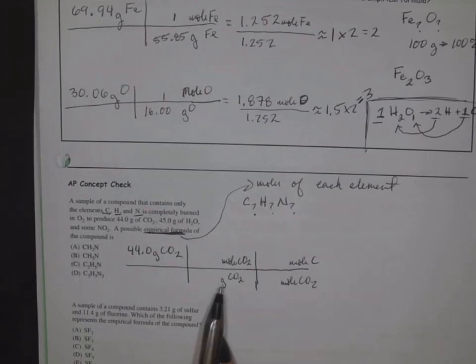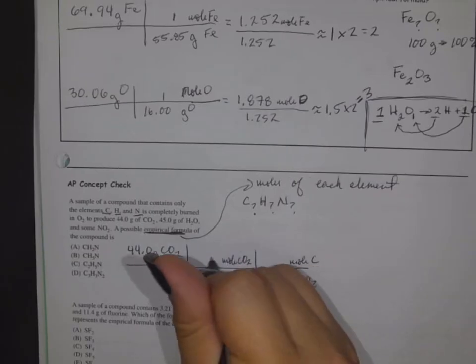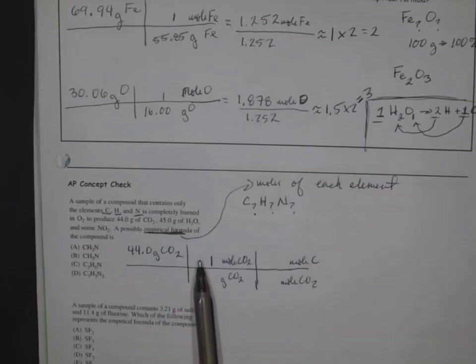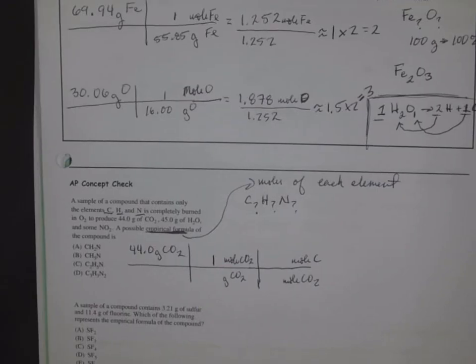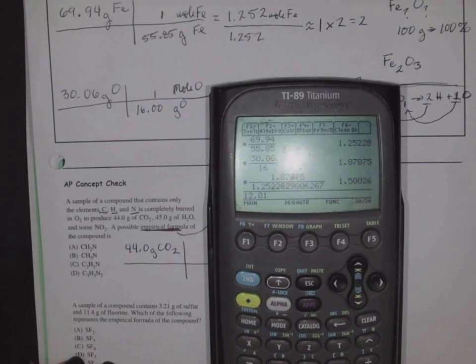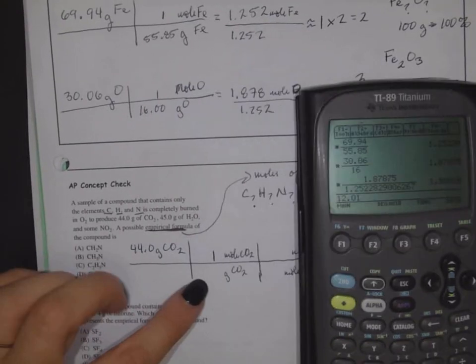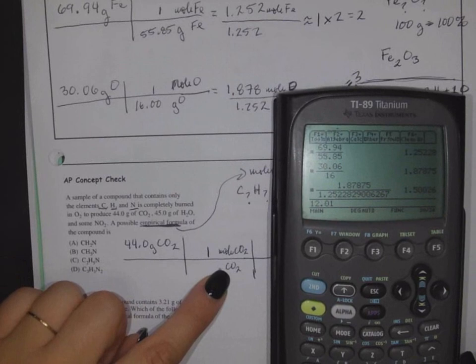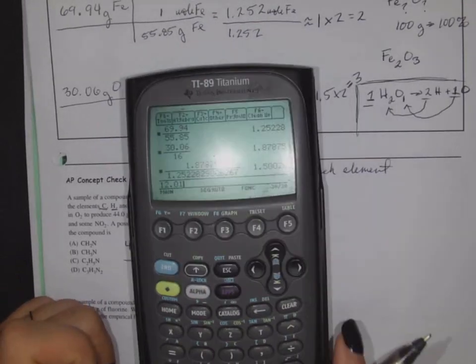So reminder, whenever I'm figuring out how many grams there are in a mole, I'm going to look at my periodic table. And on the periodic table, it says that carbon is 12.01. That's how many grams there are in 1 mole of carbon. And there's 1 carbon inside the CO2 molecule. But there's also 2 oxygens.